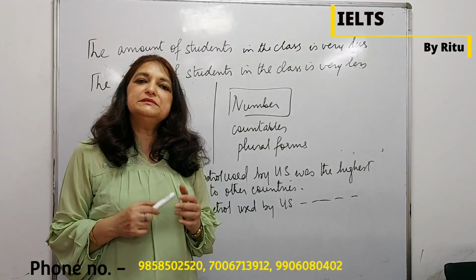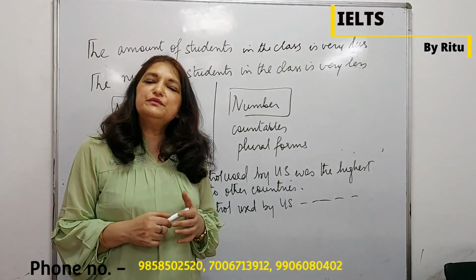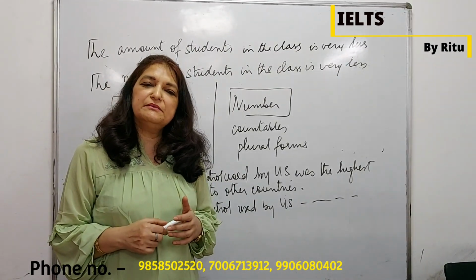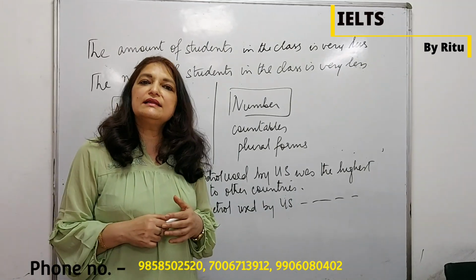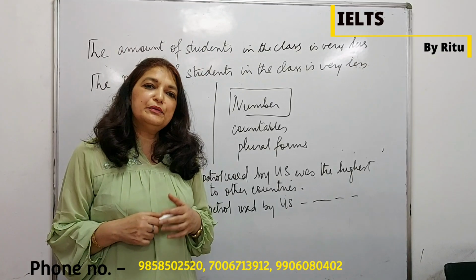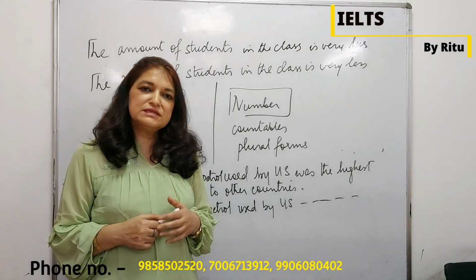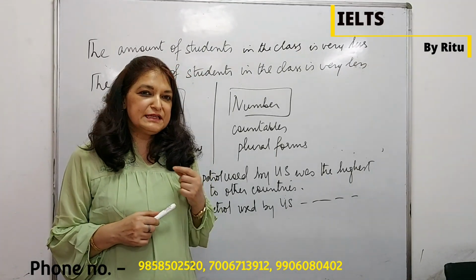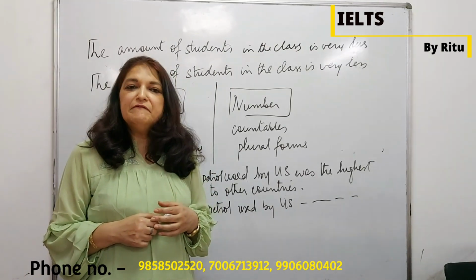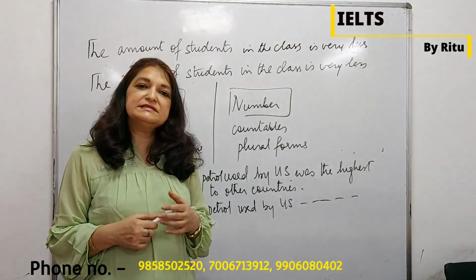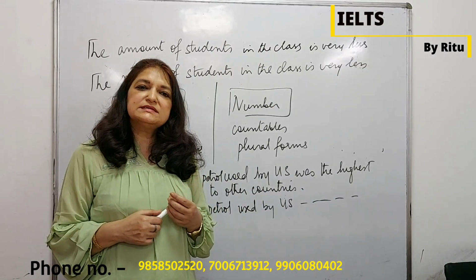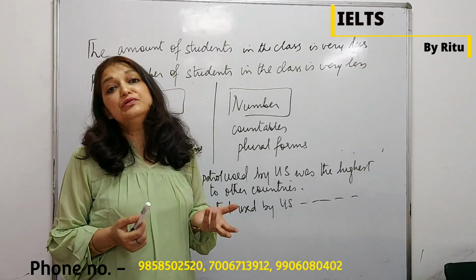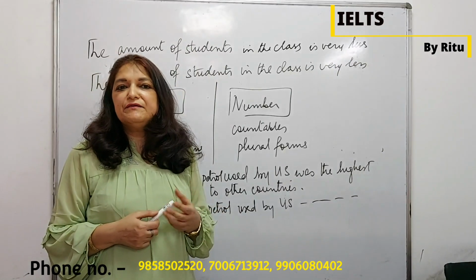First of all, we'll take the word amount. Amount we can use whenever we are explaining situations where we have uncountable nouns. Now, what are uncountable nouns? Uncountable nouns, as the name itself suggests, cannot be counted, they are indefinite, and a very simple way to understand them is that we don't have their plural forms. I'll give you some examples.